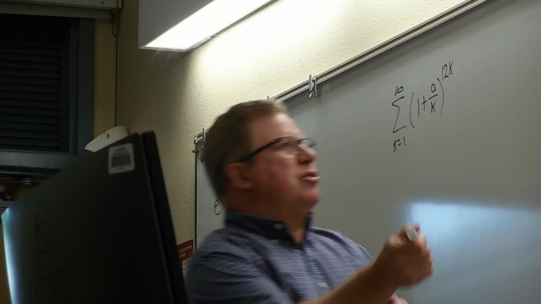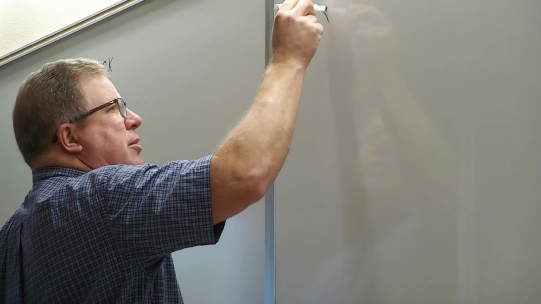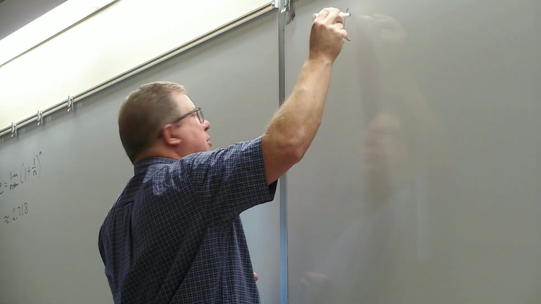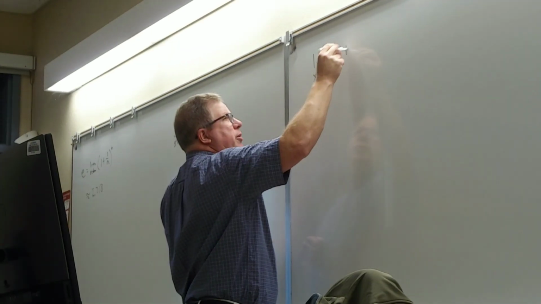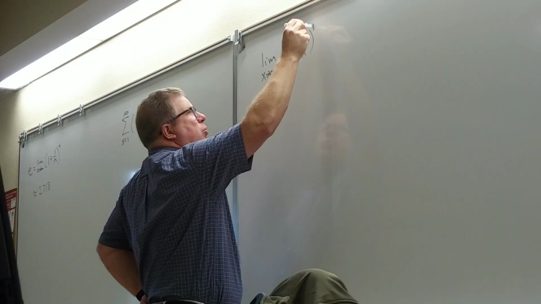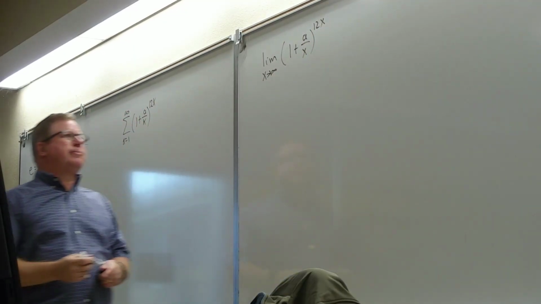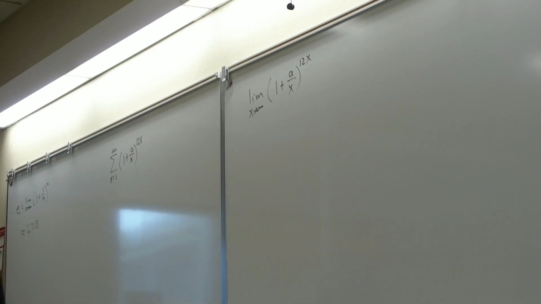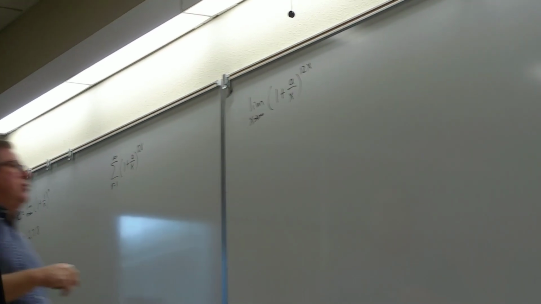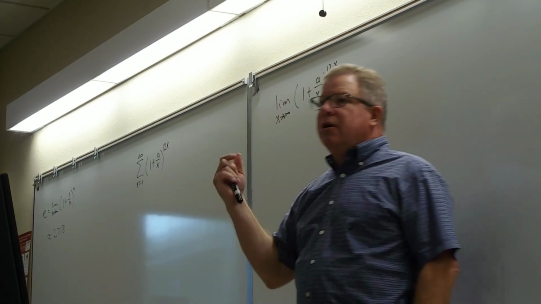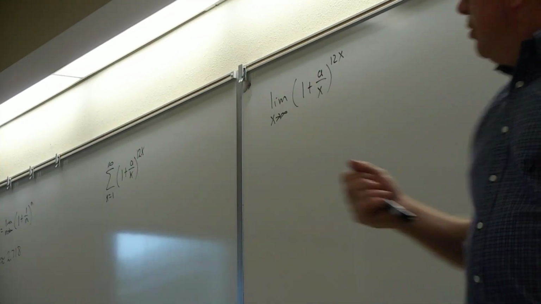So I'm going to do it in terms of x. I'm going to do the limit as x goes to infinity of 1 plus a over x, all raised to the 12x power. All right, to do this limit, we have that problem where we have a variable in the exponent position.